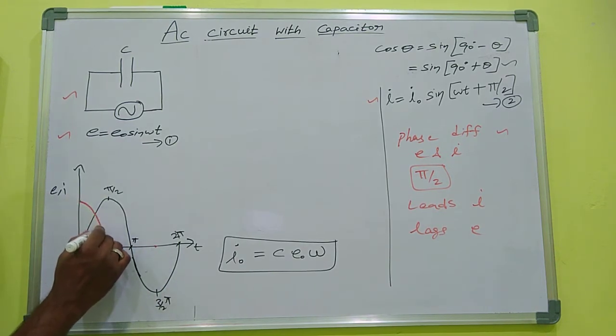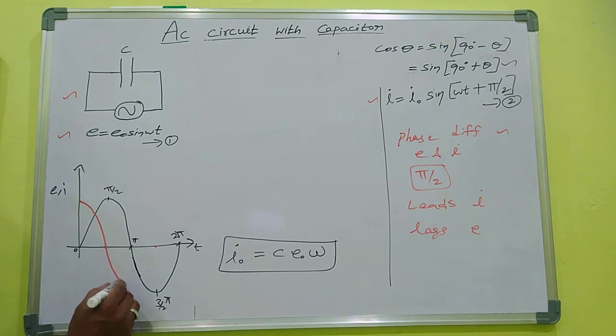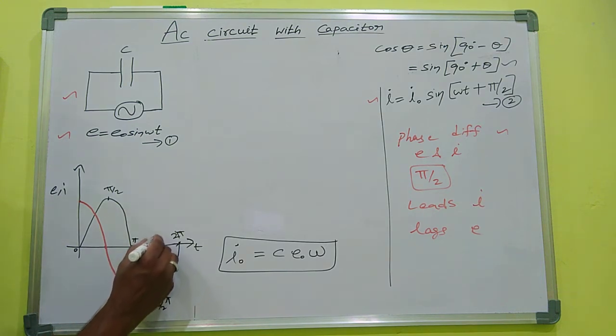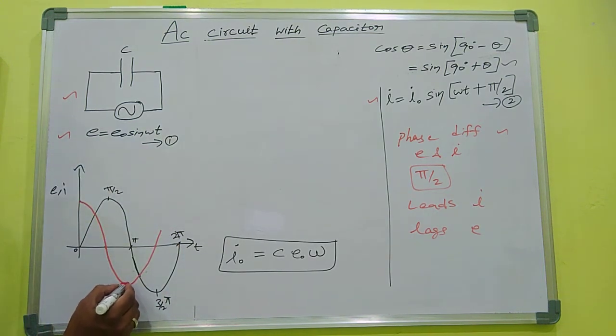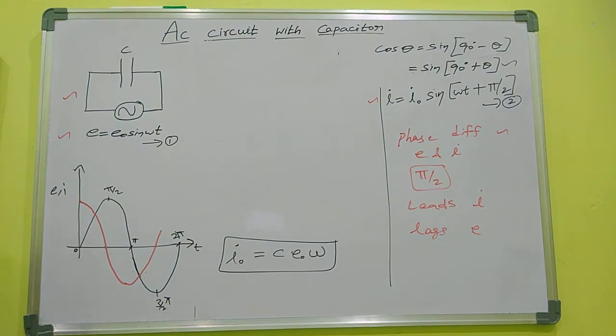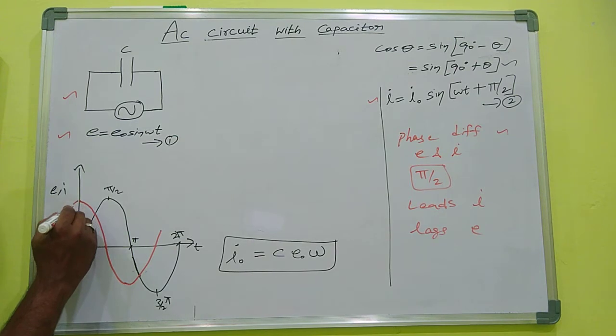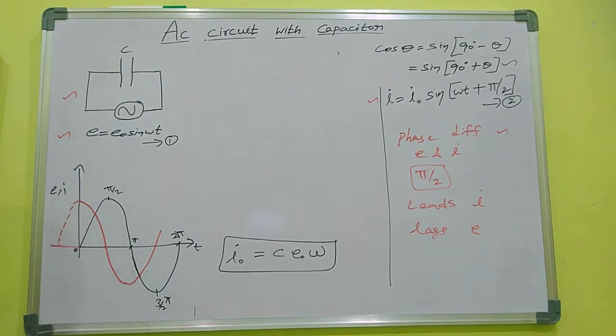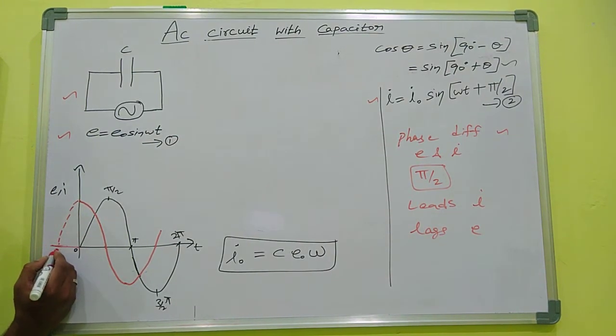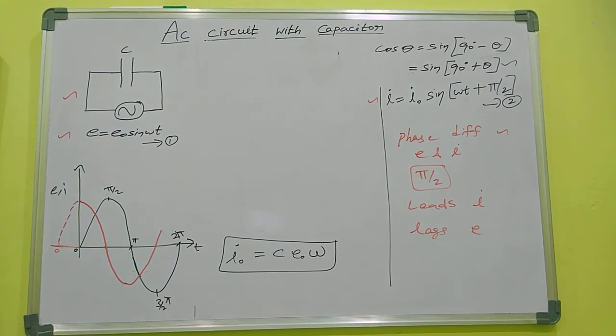Look at the diagram. You can extend this negative x-axis. Okay. This is the origin of current.